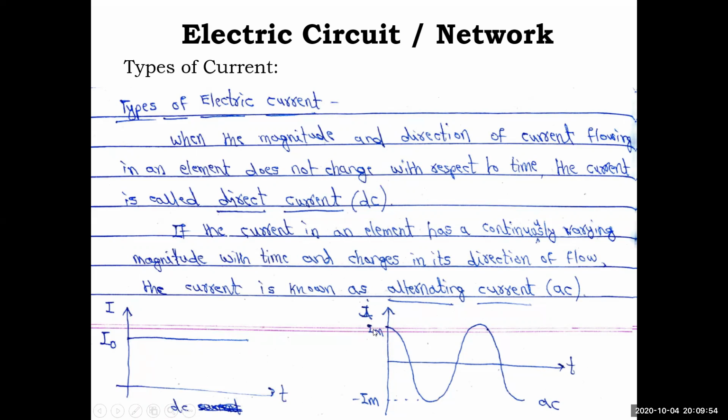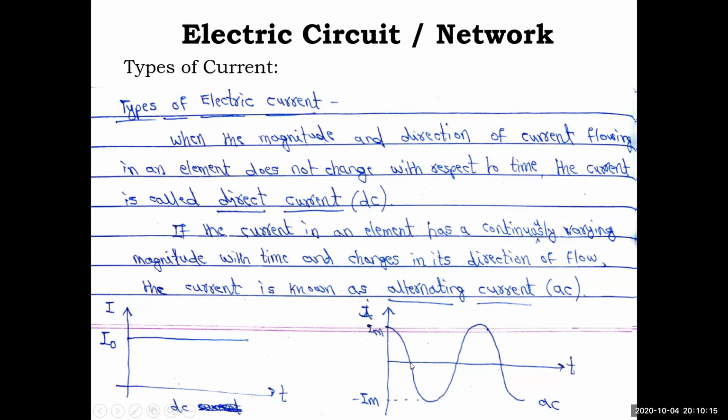Similarly, you have alternating current here. If the current in an element has a continuously varying magnitude with time and changes in its direction of flow. Initially it was Im, slowly its amplitude decreased, and when the amplitude decreased the direction also changed, so it is in the downward direction now.